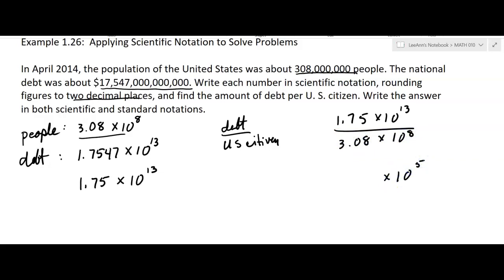Now, what's 1.75 divided by 3.08? I'm getting 0.56818, and then it keeps going on. But it says to round, doesn't say rounding to 2 decimal places. So I'm going to say 0.57 times 10 to the 5th.